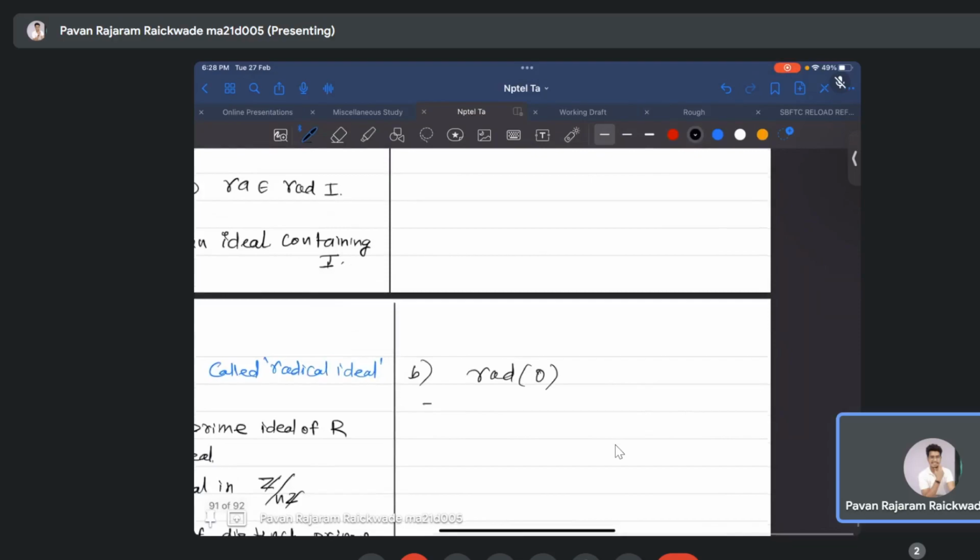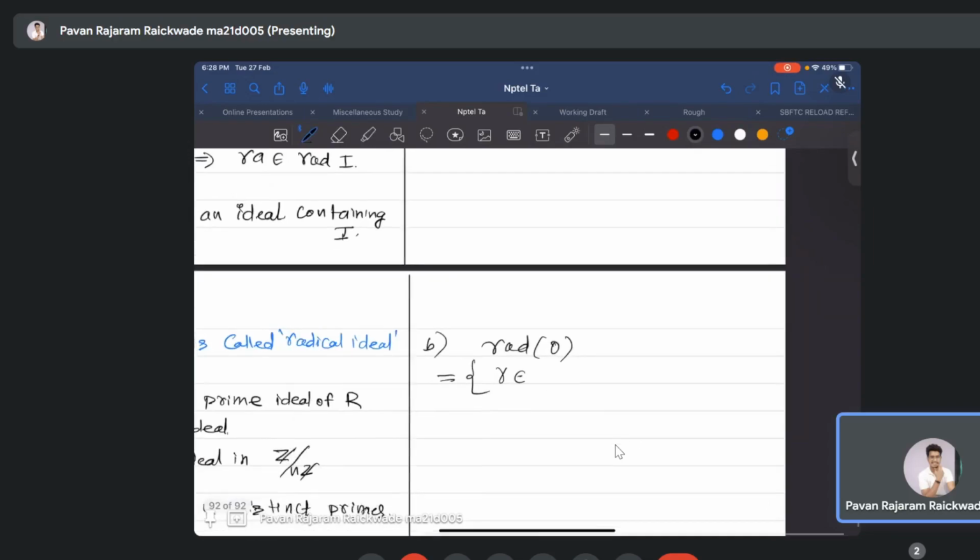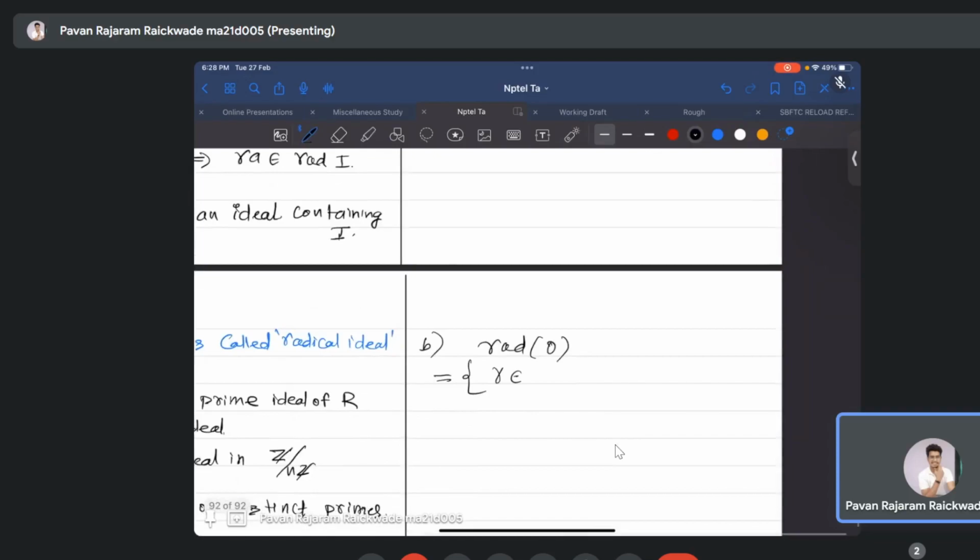This is the collection of all elements r in your ring Z quotient nZ, or for any ring R, basically, such that there exists a natural number n for which r to the n is 0, that is, r to the n belongs to the ideal generated by 0, which is 0.